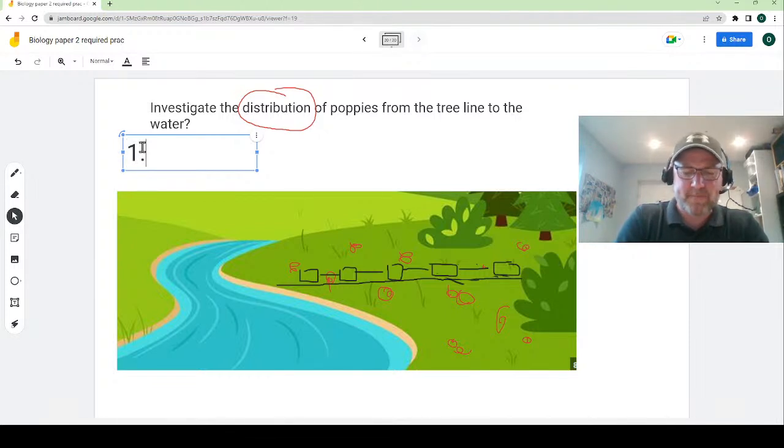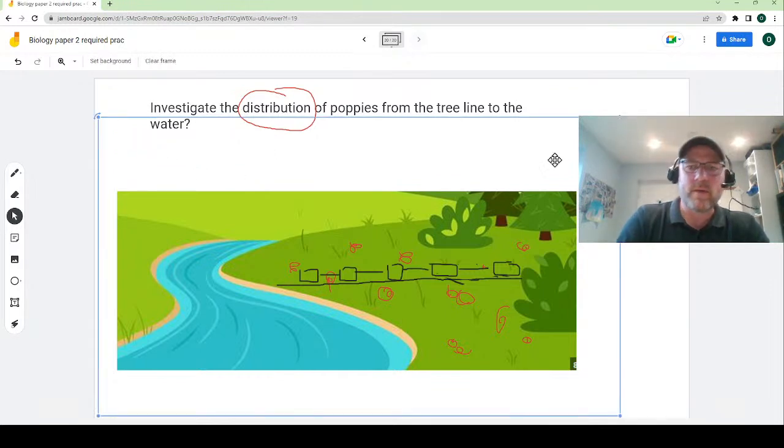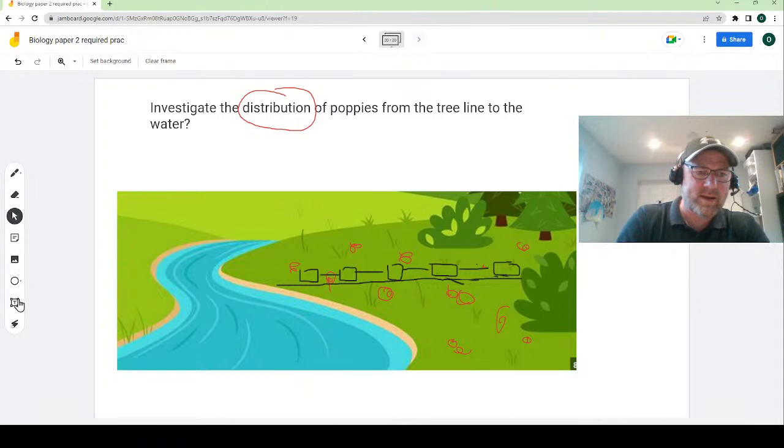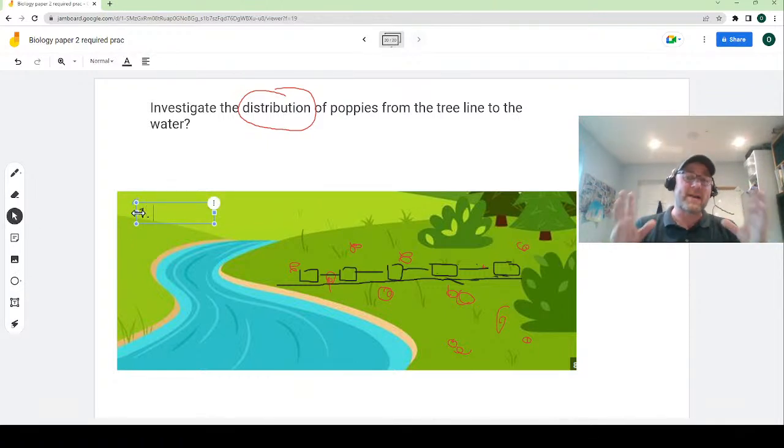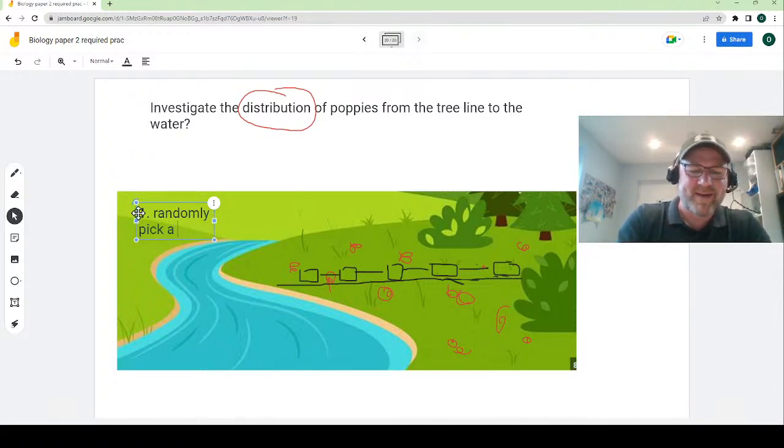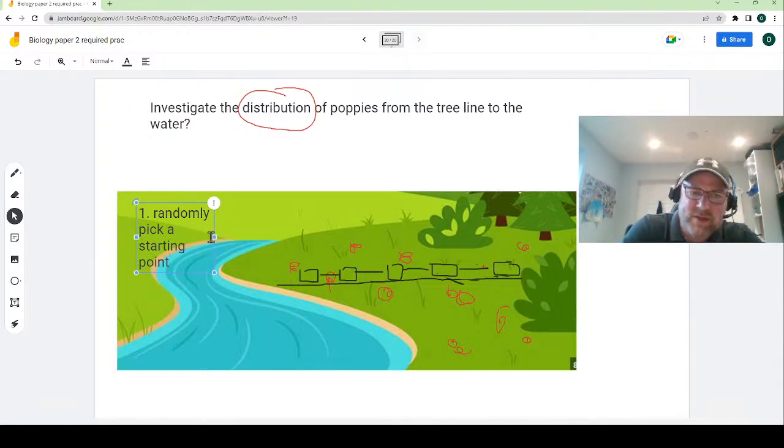So how do you do this one? There's 100 ways to say this, but it's basically a transect. You can say randomly pick a starting point. So you can still use the word random if you really want, but you mustn't say place the quadrats randomly.